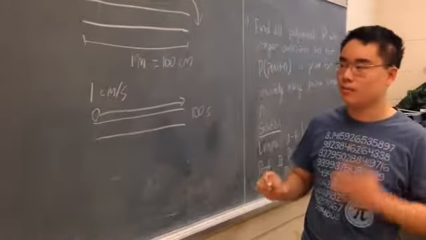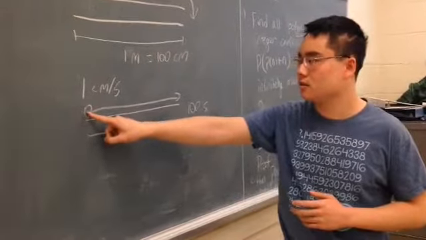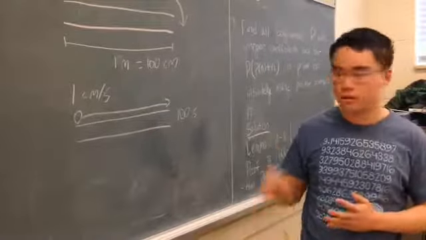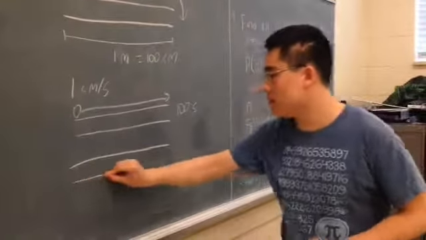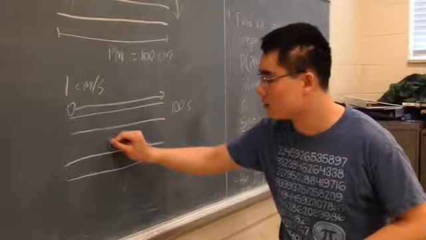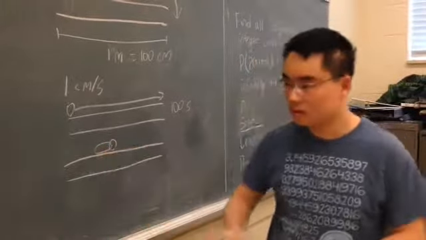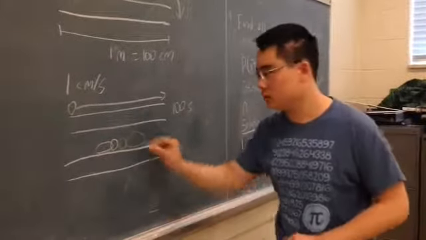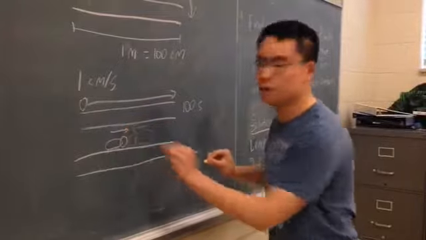So if we can somehow prove that the ant can travel the entire log without bumping into anything, we're basically done. Now let's draw the scenario of the bumping. So you have two ants, and a second ant traveling this way and this way.